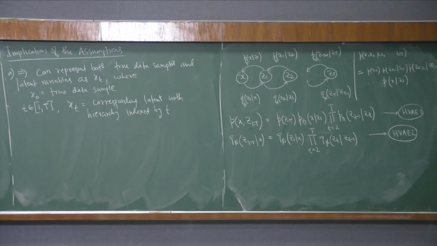As a first step, what we have done is just simplify the notation: represent the zi's also by xi's. That's it. It's a simple notation thing.